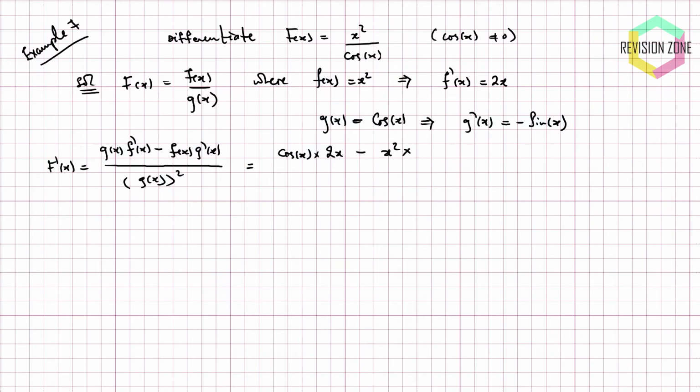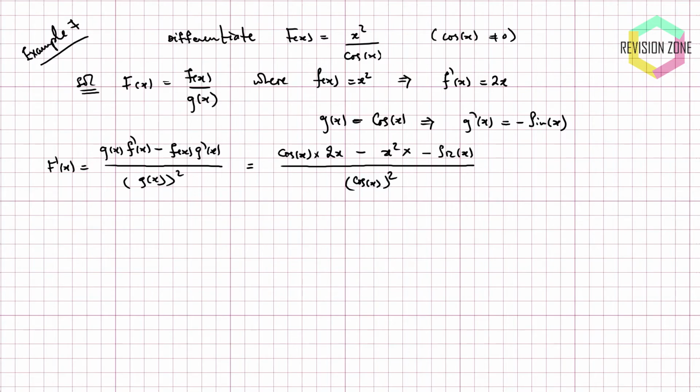So then I need my g prime, which is minus sine x. So I'm just going to write that down. So minus sine x, and this whole thing is over g of x, which is cosine. Sorry, so I nearly screwed that up. So I'm going to say cosine x, and the whole thing is squared.